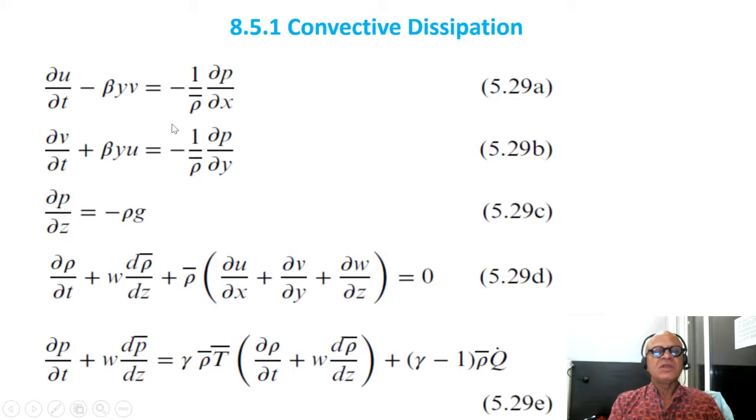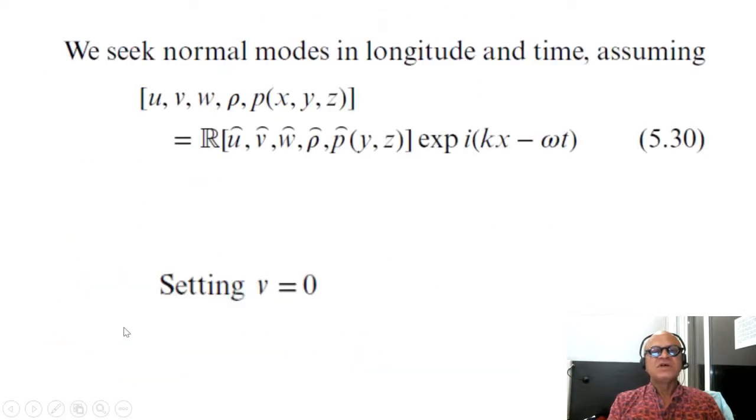We just recap our original governing equations: the x and y momentum equations, hydrostatic balance, the continuity equation, and the thermodynamic equation with the heating term included in here, and the vertical stratification, of course. We sought normal modes in longitude and time in this form, the real part of the solution with the exponential component.